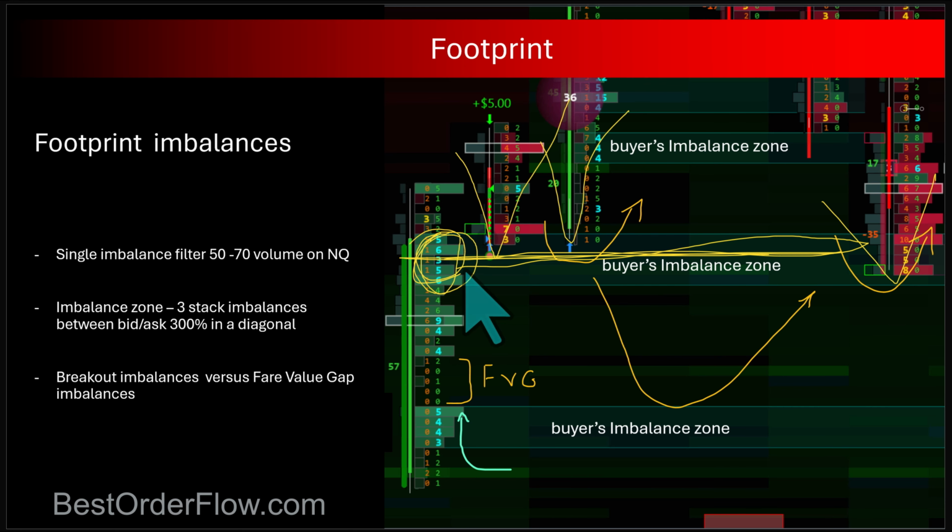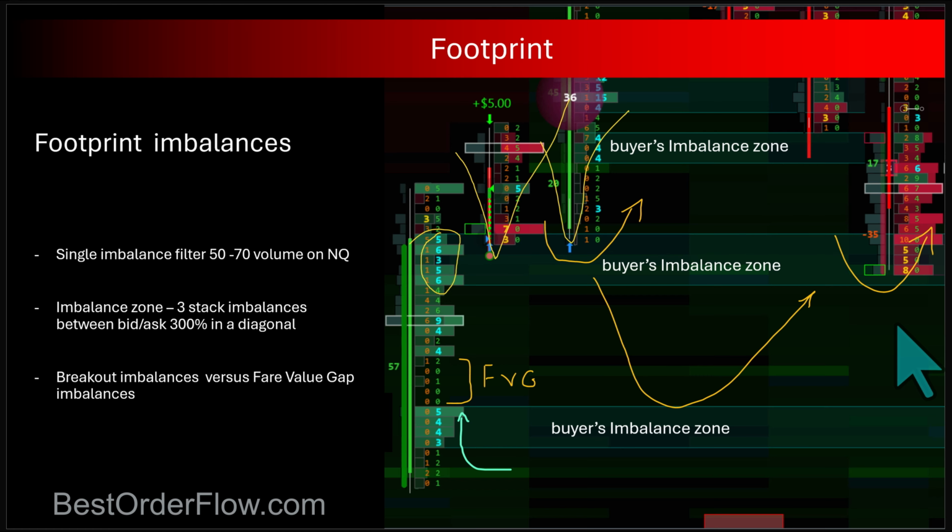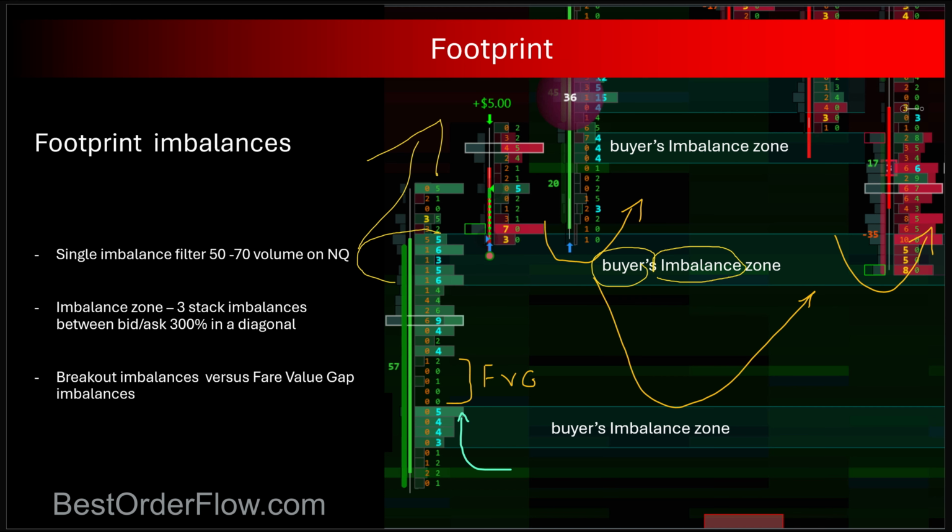I'm a buyer here and I'm gonna continue to prove that I'm a buyer. So that means this imbalance zone, even though the terminology is close to what people use in price action, is not the same imbalance zone. It is an imbalance by the buyers. So this is a breakout imbalance in my book.